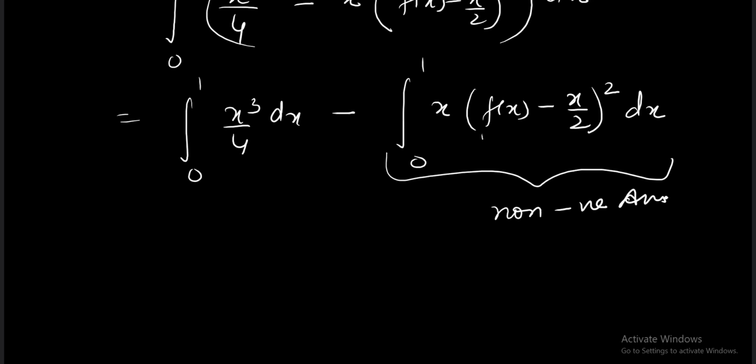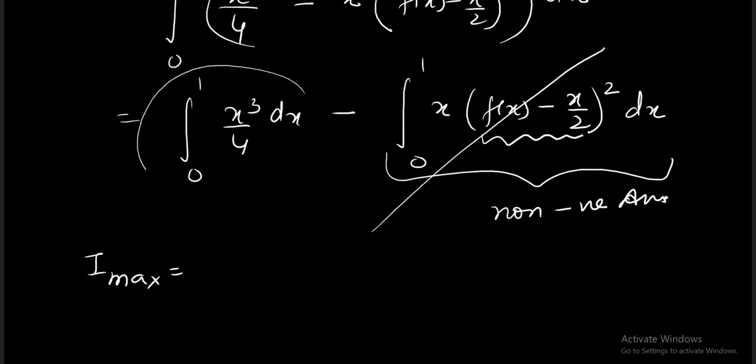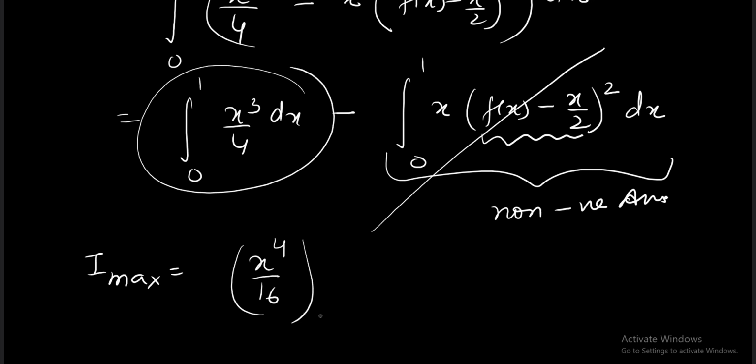When you take the function f of x equal to x by 2, then this integral will turn out to be 0. So the maximum value of I is going to be the value of this integral. So we write the integration of x cube and apply the limits. So here is the answer that we have for the question, and it occurs when you take the function f of x as x by 2.